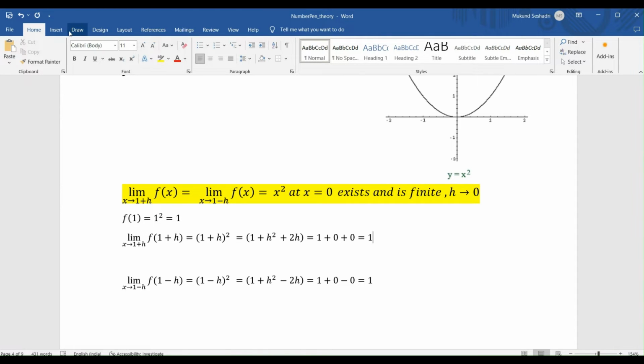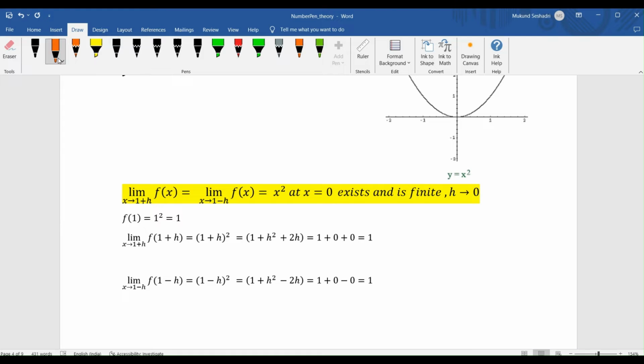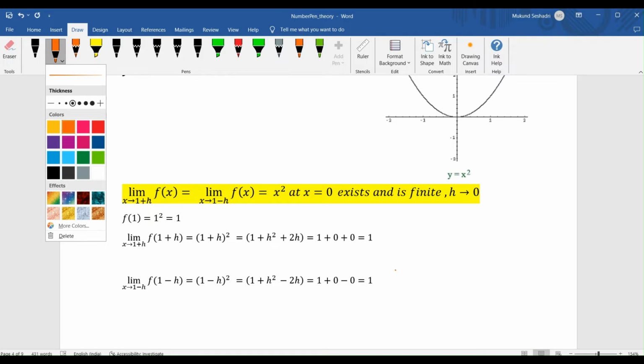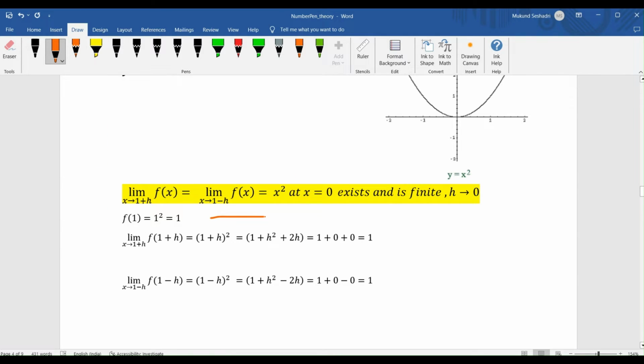So now we have, let me use the draw pen here so that we understand this better. So we have this equation, equation 1, and we have this equation, which is equation 2, which is my right hand limit, and this third equation, which is my left hand limit.